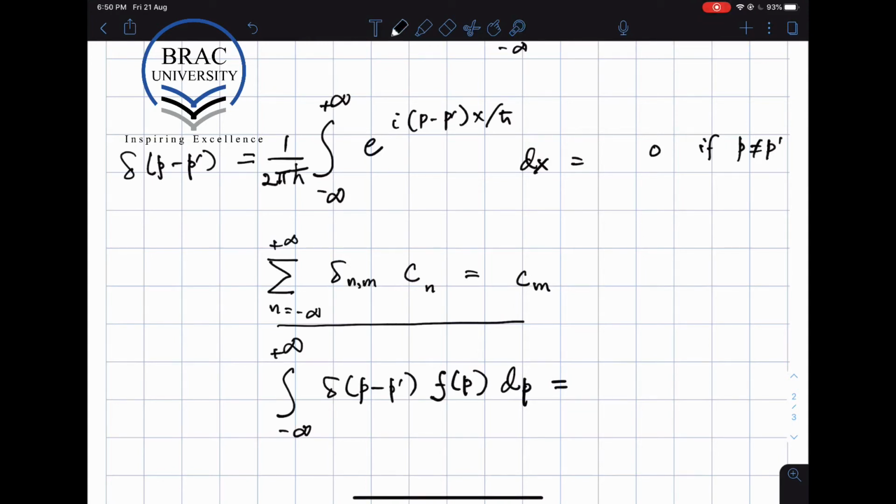So this should be equal to f of p prime. So clearly this expression is the continuum analog of this expression.